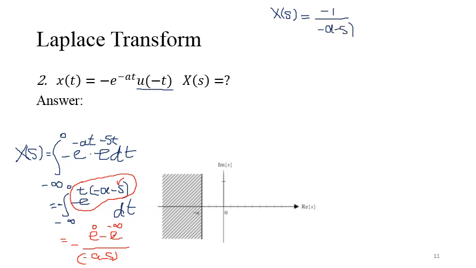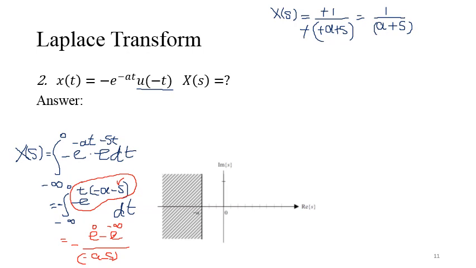If I take minus common, then this minus cancels with the other one, so you get exactly the same expression as you got for e power minus at u of t. So this means you get 1 over s plus a.